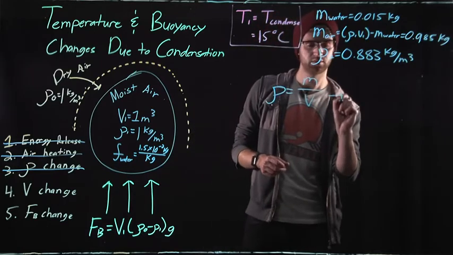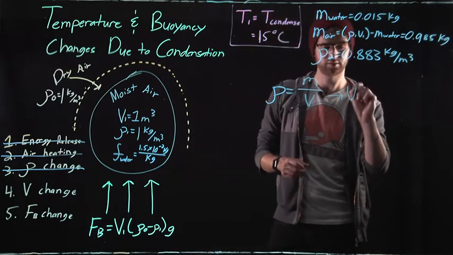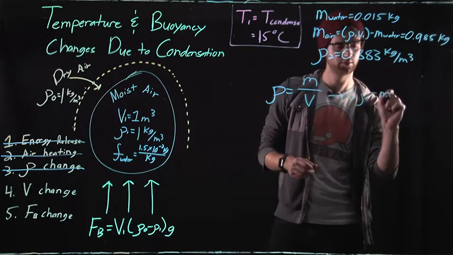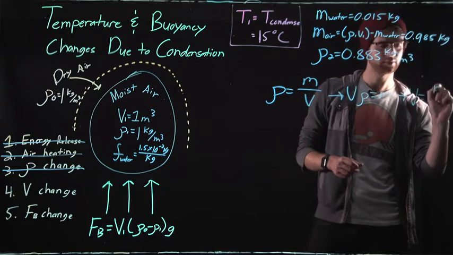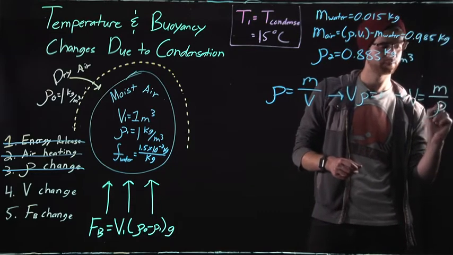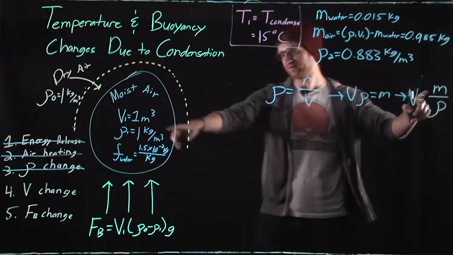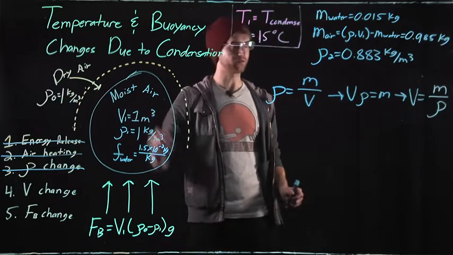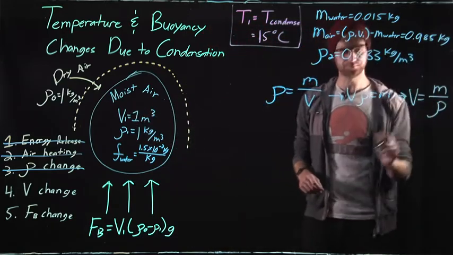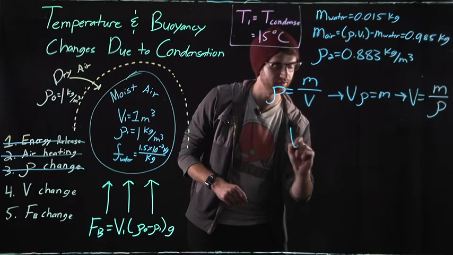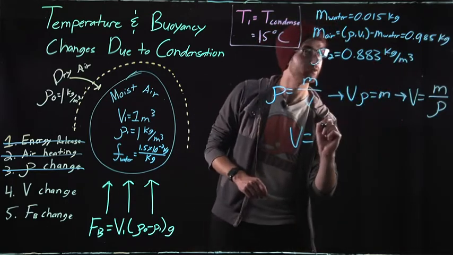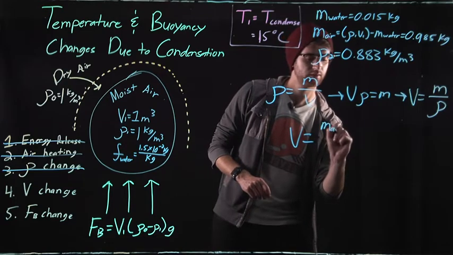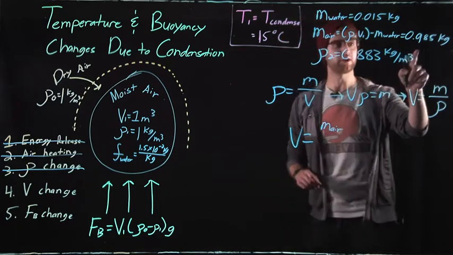So that must mean that V rho equals M, and that must mean that V equals M divided by rho. Okay. Well, we know the mass of the air that's been heated in this parcel, right? We found it up here above. We know that the mass here is just the M air, and that's 0.985 kilograms.